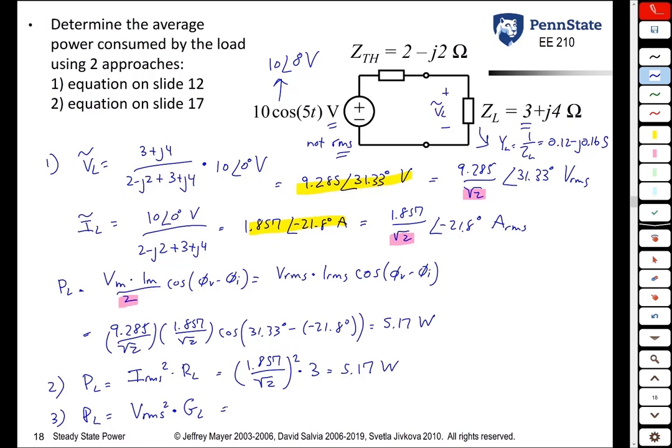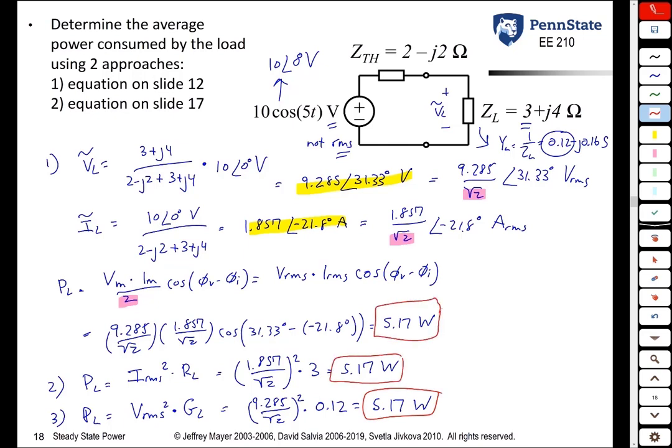So this now equals 9.285 over the square root of 2, squared, times 0.12. Guess what? You get 5.17 watts in each of the three cases.